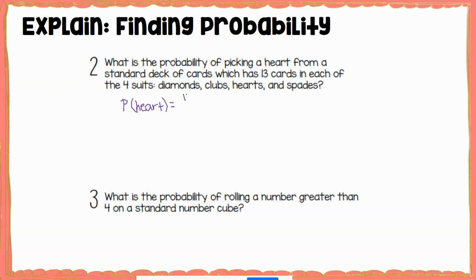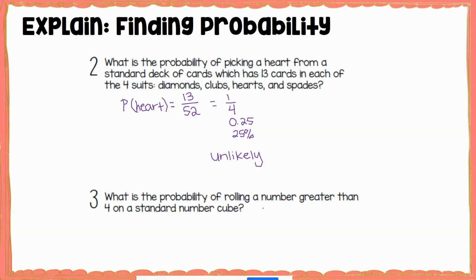So there are 13 hearts out of 52 total cards. Well, if I simplify 13 over 52, which you can put into your calculator and have your calculator simplify for you, I am going to get 1/4. Well, 1/4 is the same as 0.25 or 25%. So the likelihood of this happening is unlikely because this number is between 0 and 50%.